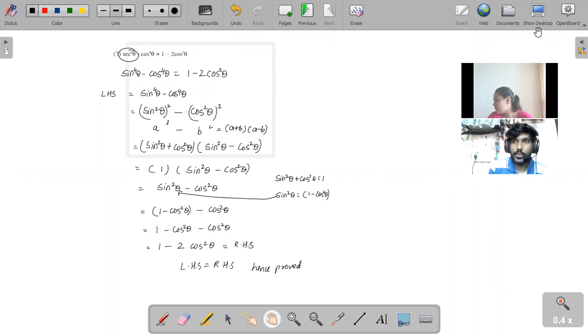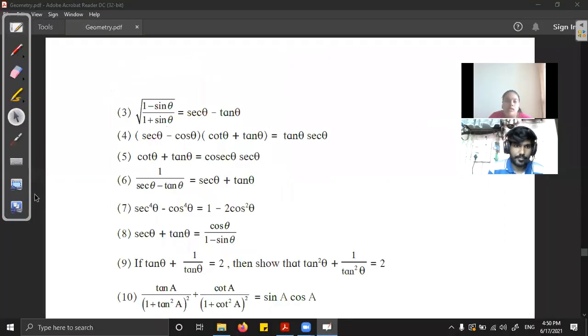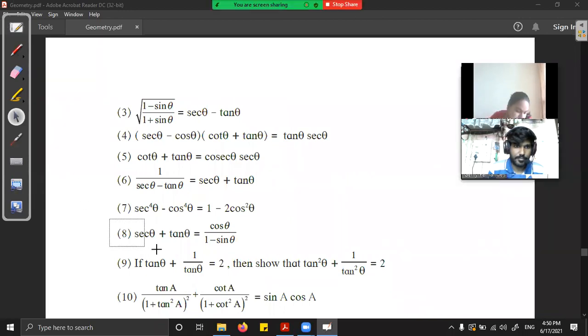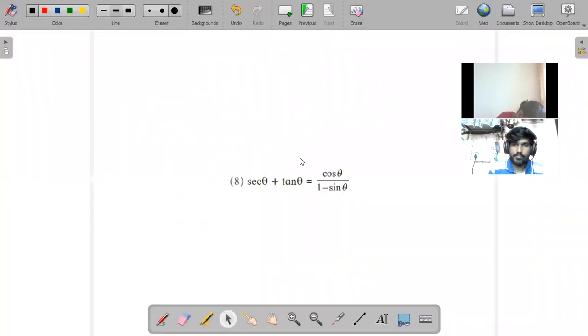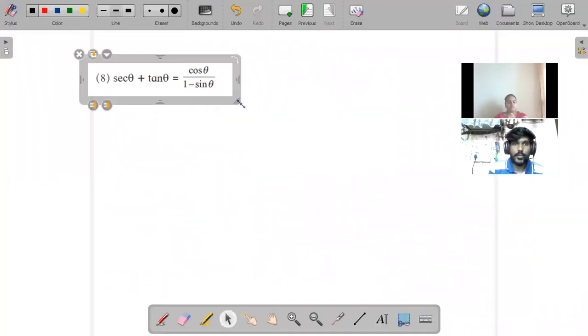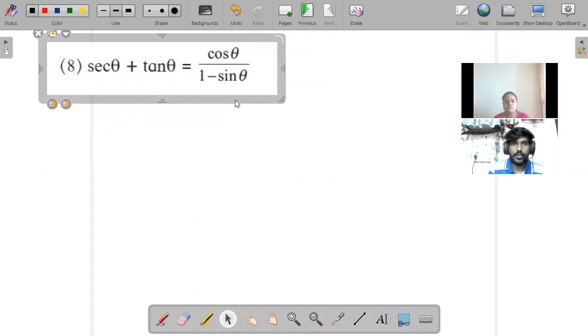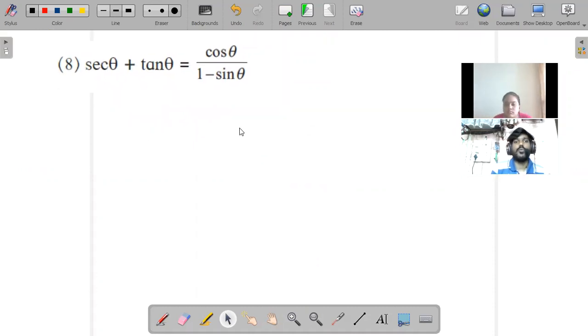So we'll go for the 8th one. So 8th one is sec theta plus tan theta is equal to cos theta upon 1 minus sin theta. So let's do it.